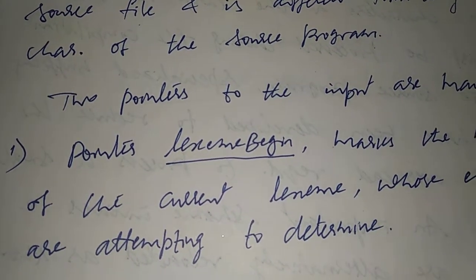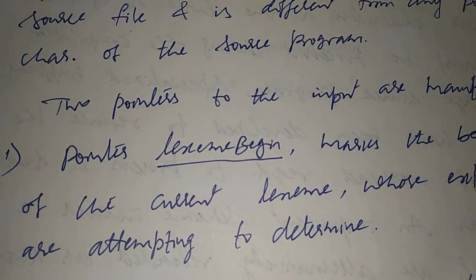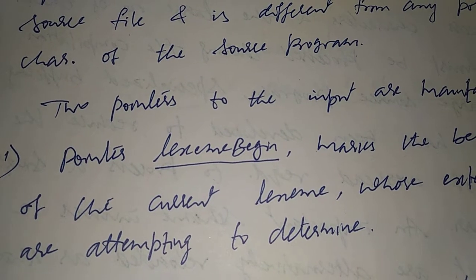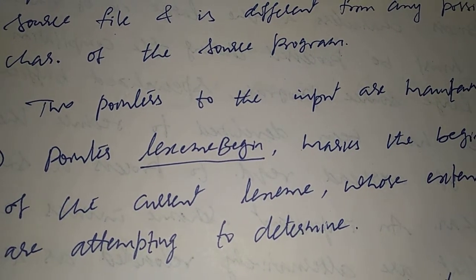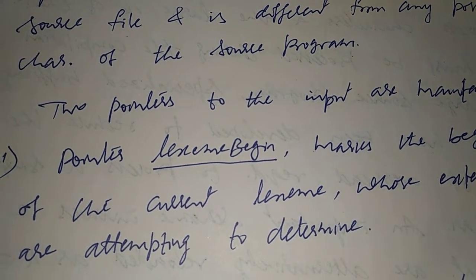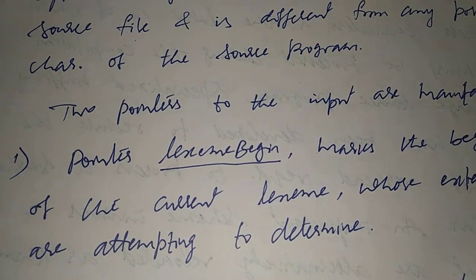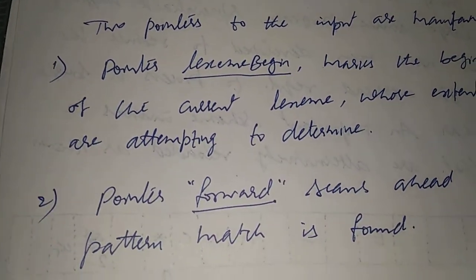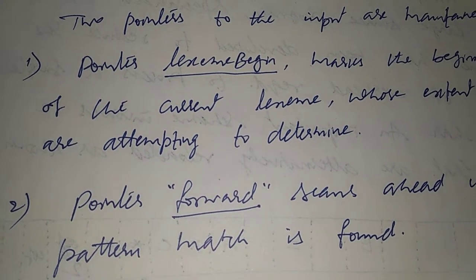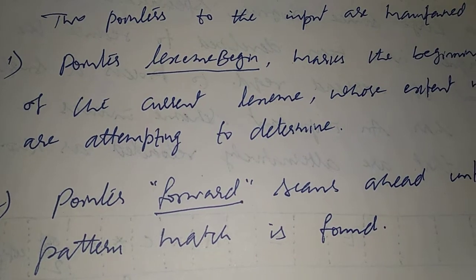Already we know what exactly a lexeme is. A lexeme is nothing but a group of characters which can be called a token. So the pointer lexeme begin will point to the beginning of the token and keeps on moving. And the other pointer forward scans ahead, because we need to know where exactly the input is going to end. So forward is used for that purpose.